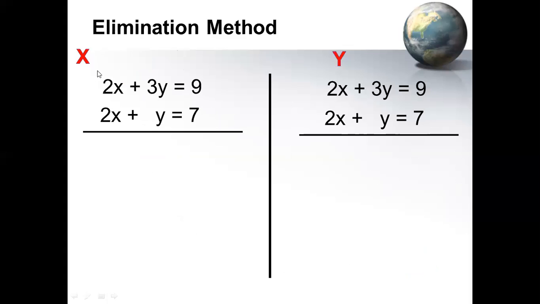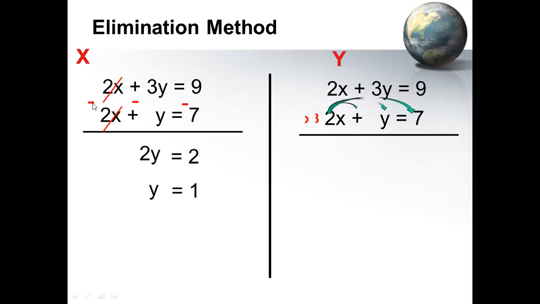Since both equations have 2x, I can eliminate them easily by subtracting. So 2x minus 2x will be 0, and 3y minus y will be 2y equals 2. And then y equals 1.